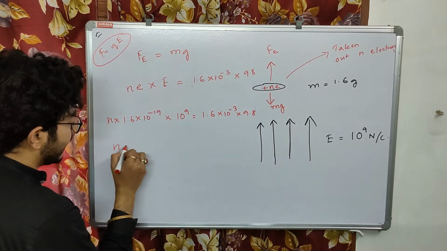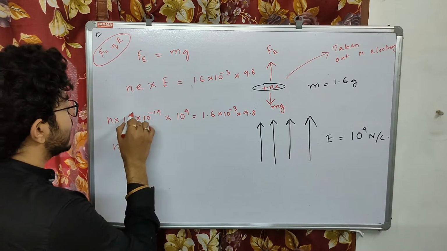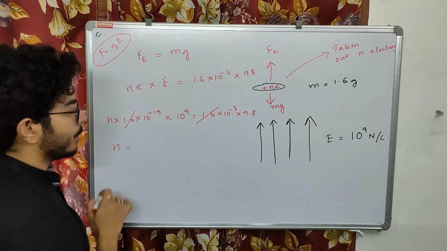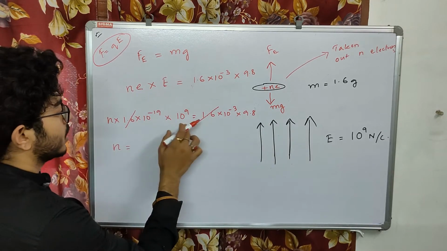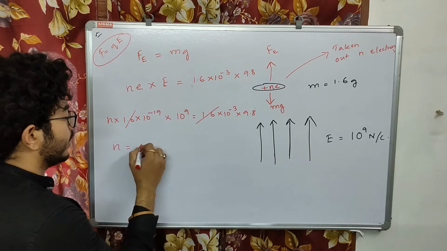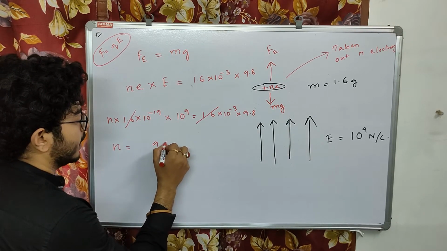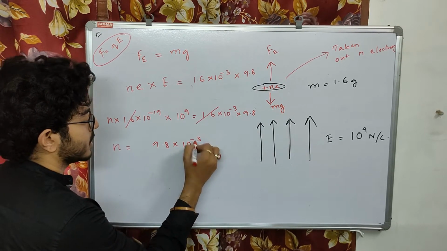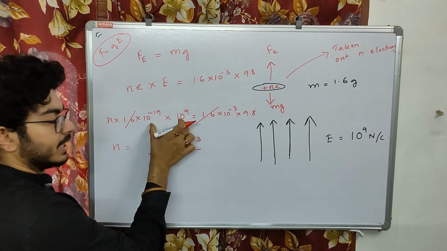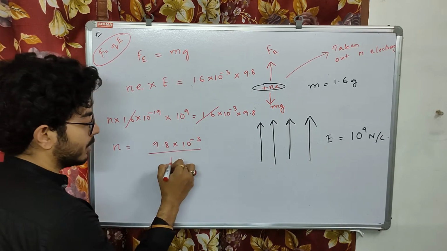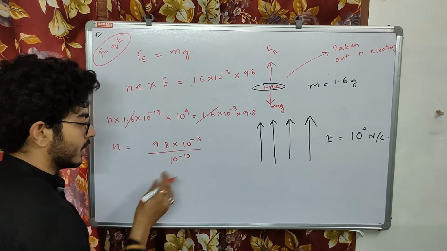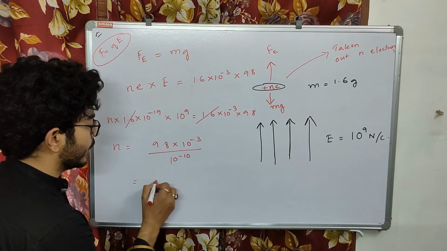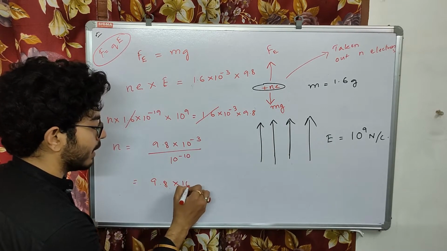So what will n be? We can cancel 1.6 with 1.6, and this one will be 10 to the power minus 3 divided by, if we multiply both of these, 10 to the power minus 10. So if this goes up, we are going to get 9.8 into 10 to the power 7.